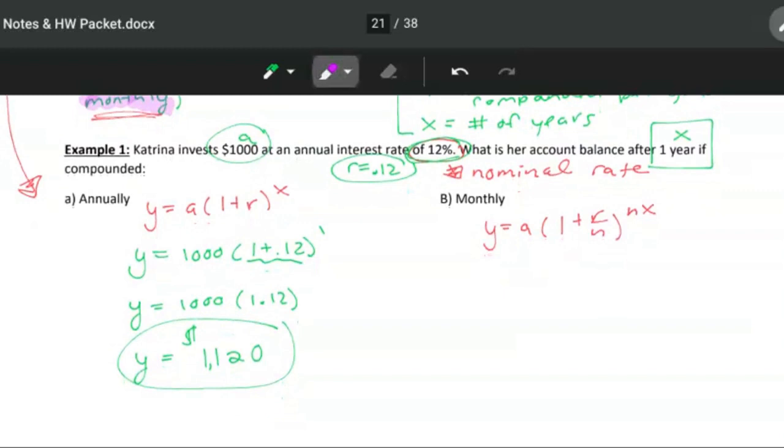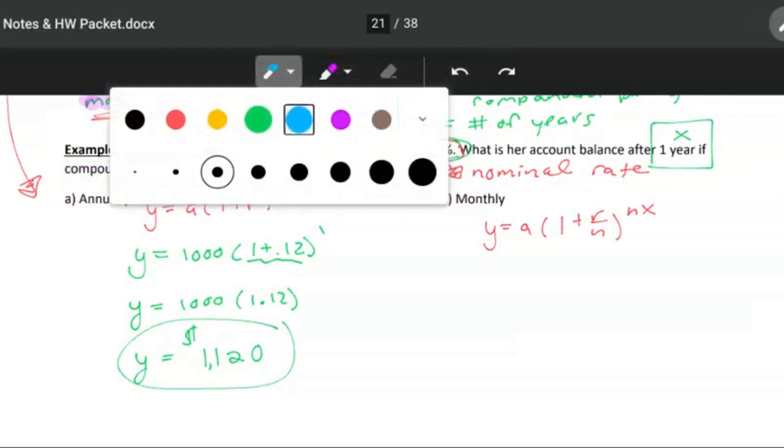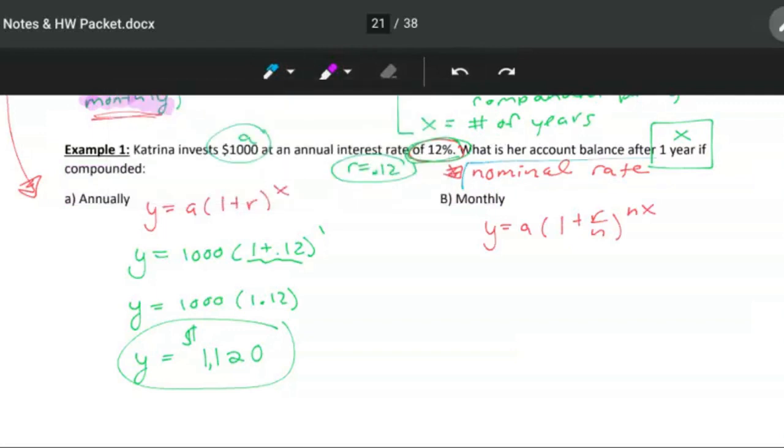Let's talk about another vocab word. We mentioned the nominal rate, which is basically the rate that's advertised. They advertise that you get 12%. Then there's something called the effective annual yield, which is the percent you actually get.